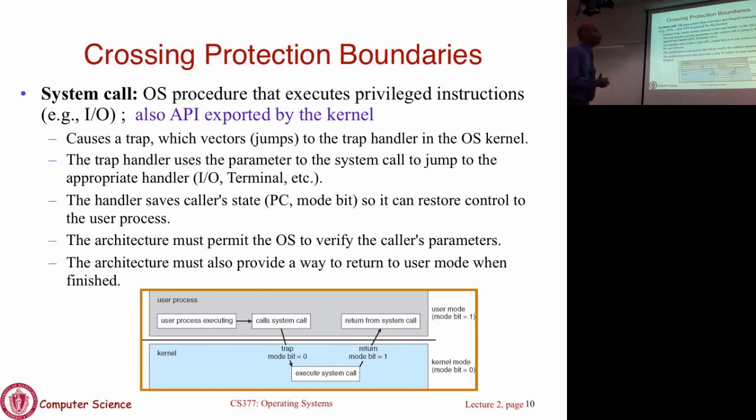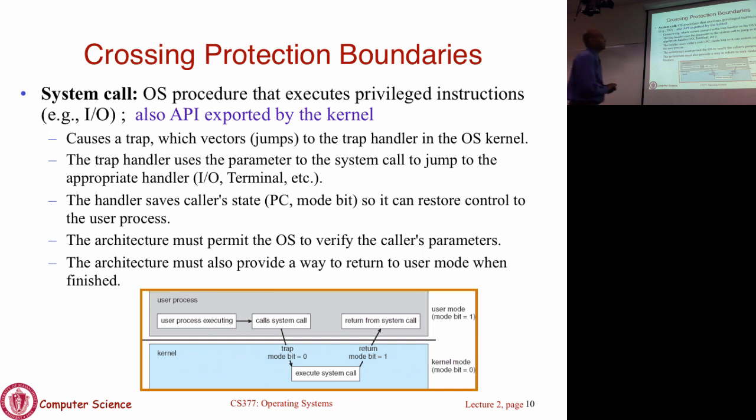Whenever the user program wants to do anything that requires privileges that it does not have, it has to invoke a system call, and the system call will in turn invoke the kernel, and the kernel will do that operation for you. The kernel will check, is that the right thing for this process to do? It will do all of the right things for you.